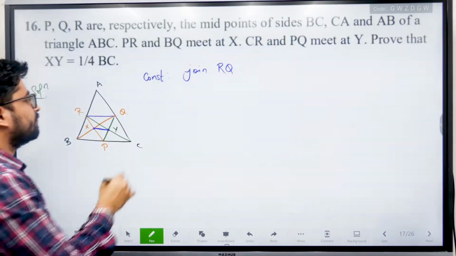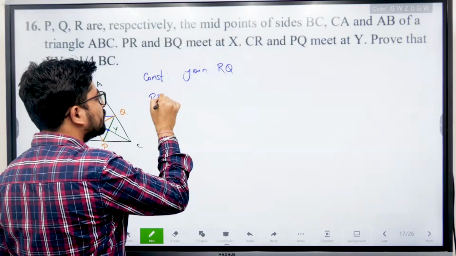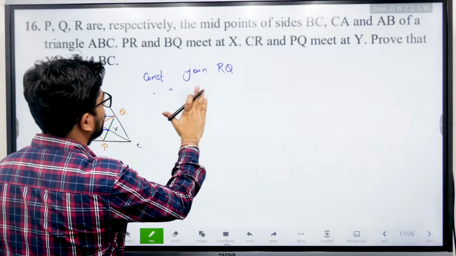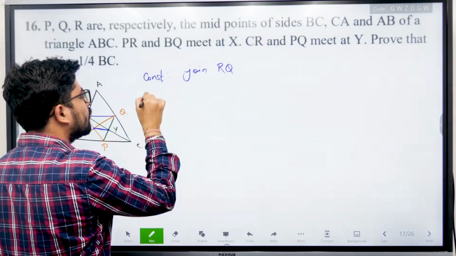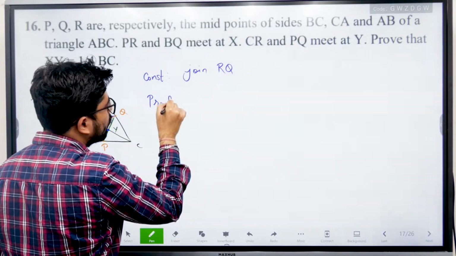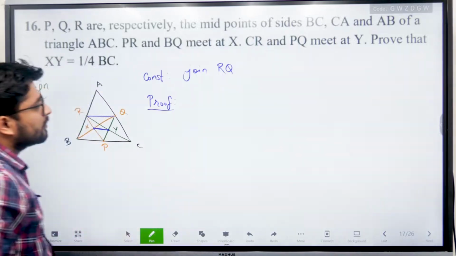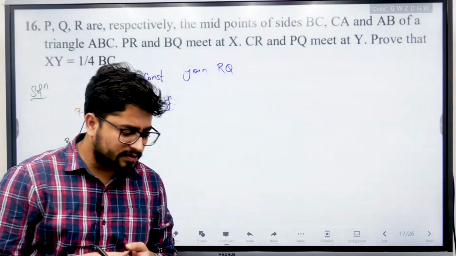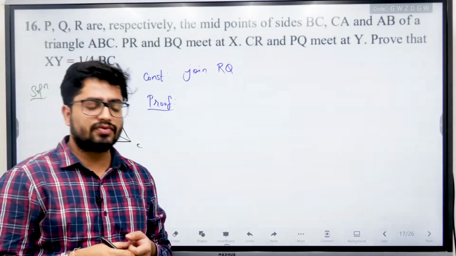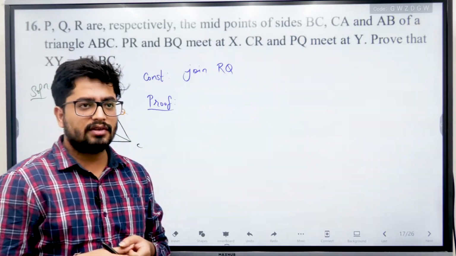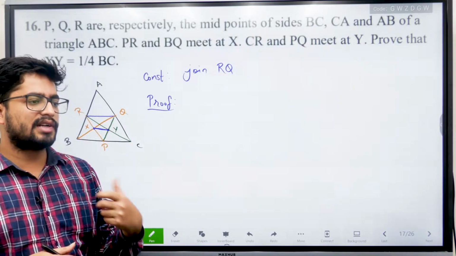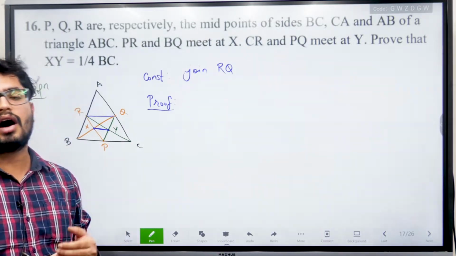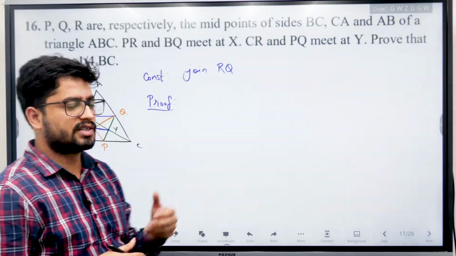Now, proof. We know one theorem, that is the midpoint theorem. Midpoint theorem says if you join the midpoints of two sides of a triangle, then the resulting line segment is parallel to the third side and half of that third side.